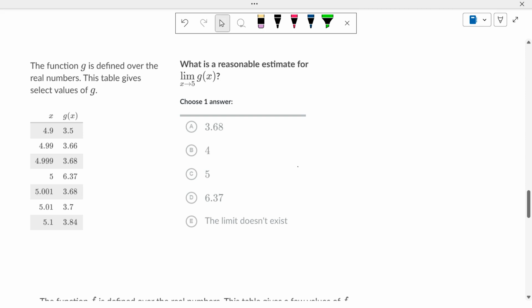It's going to be either A or D. Which one is it? Which is the better answer? A or D? You guys say D. All right, time to vote. What's the better answer, A or D? On your marker boards.